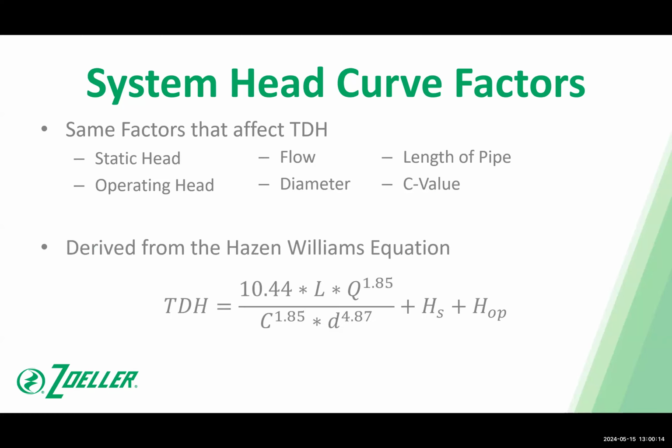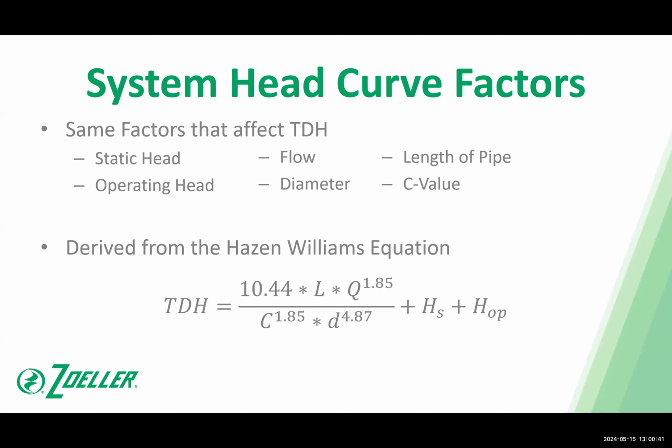The system head curve is derived from this equation here, which is called the Hazen-Williams equation. Your total dynamic head is equal to 10.44 times L, where L is your total equivalent length, and that 10.44 is a conversion factor, because these values aren't all in the same units.